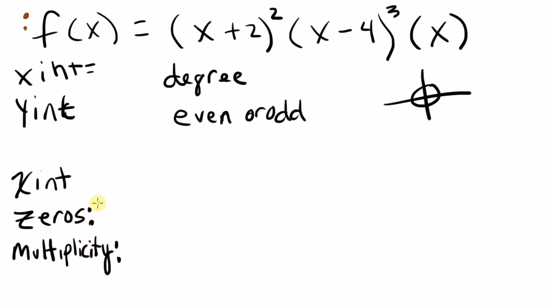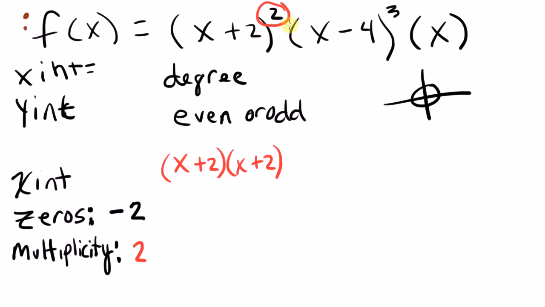Okay, so I have x's at -2 with a multiplicity of 2. Watch what I'm going to do here. Because it's squared. What this means is I have x plus 2 times x plus 2, right? That's what this means, right? All right.